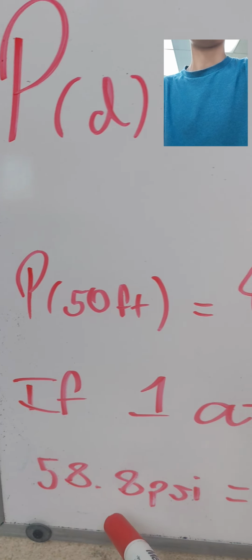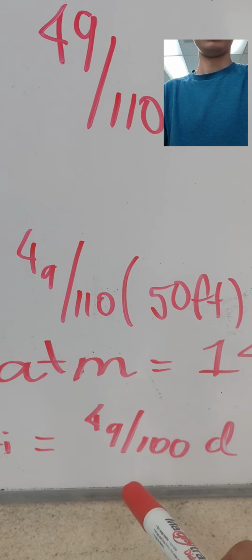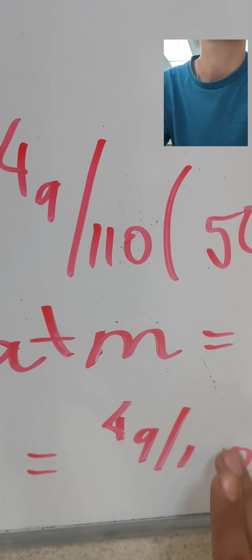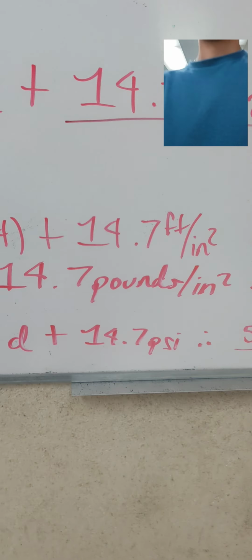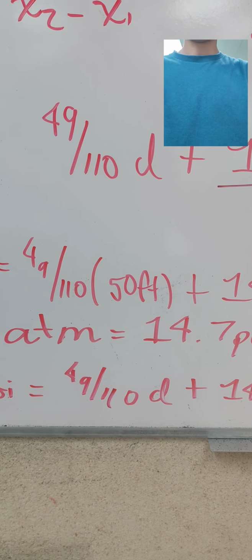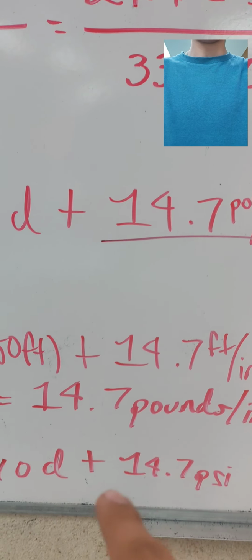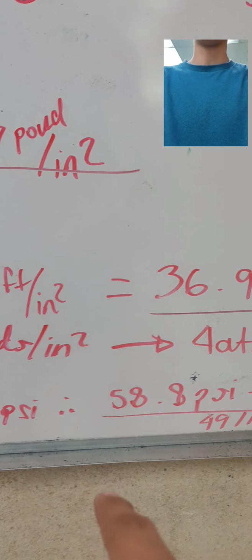So 58.8 psi is going to be equal to 49 over 110. Sorry, I made a mistake right there. 49 over 110 times D plus 14.7 psi.